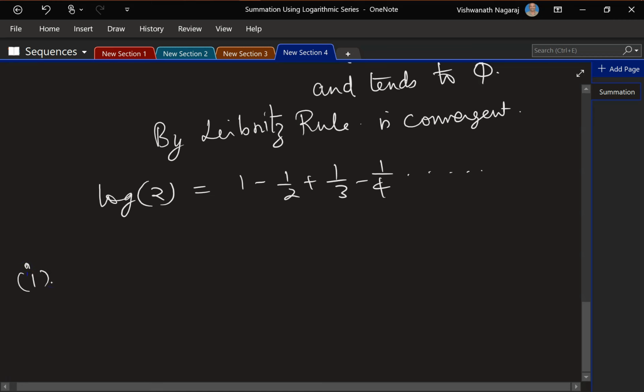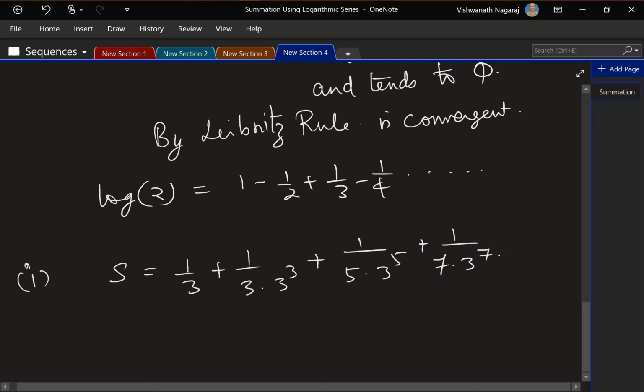Okay, so let's say the series is 1 by 3 plus 1 by 3 times 3 cube plus 1 by 5 times 3 to the power of 5, 1 by 7 times 3 to the power of 7 and so on.